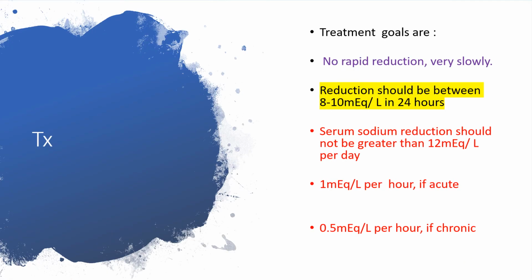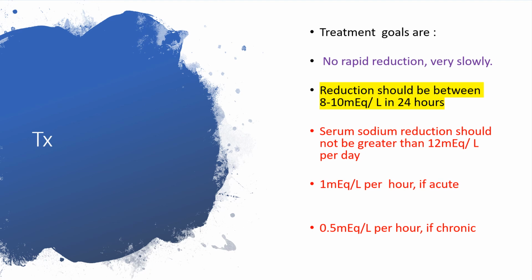Treatment. The goals are no rapid reduction. So we should reduce very, very slowly. Reduction should be between 8 to 10 milliequivalent per liter in 24 hours. Serum sodium reduction should not be greater than 12 milliequivalent per liter per day, and 1 milliequivalent per liter per hour is the required level if the case is acute.